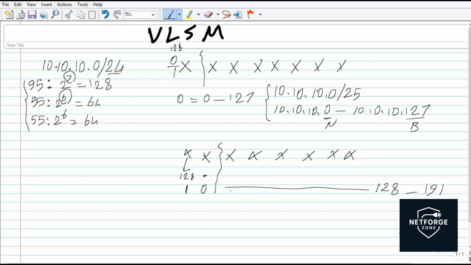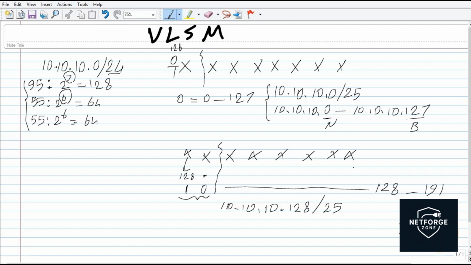If I want to write these IP addresses again, it is going to be 10.10.10, and for the masked portion here, we have a 128 and we have a 0, so it is going to be 128, and it is going to be /25.